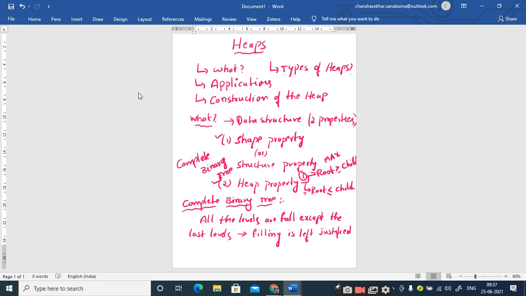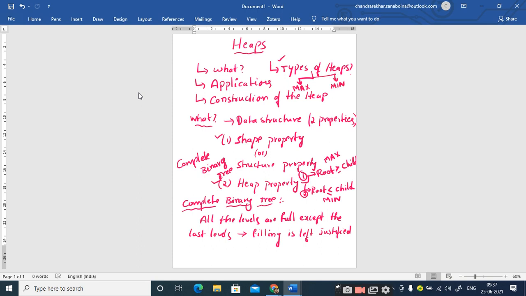And if the heap property is written like this, root is less than or equal to child, we call such type of heaps min heaps, right? So these are the two types of heaps we have. What are the two types we have? One is the max heap, another one is the min heap.